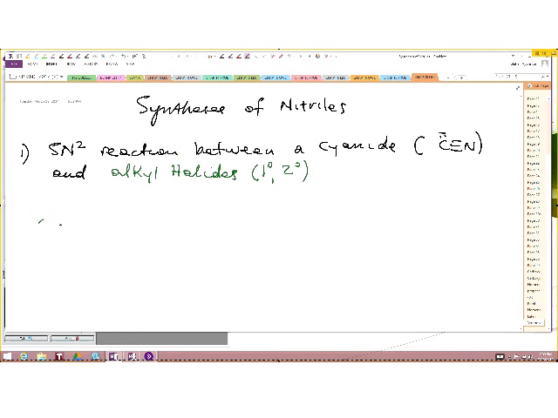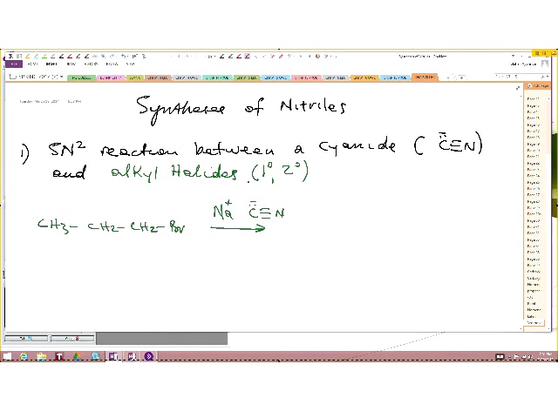For example, if we have this here, generally the source of the cyanide will be either sodium cyanide or potassium cyanide. Take sodium cyanide or potassium cyanide, and you have an SN2 reaction.